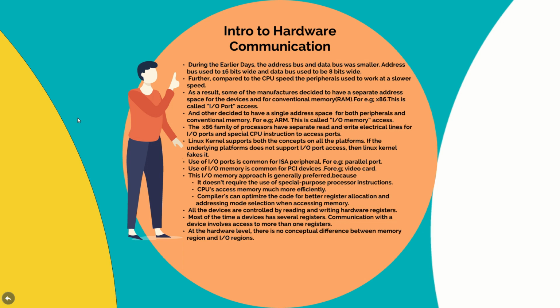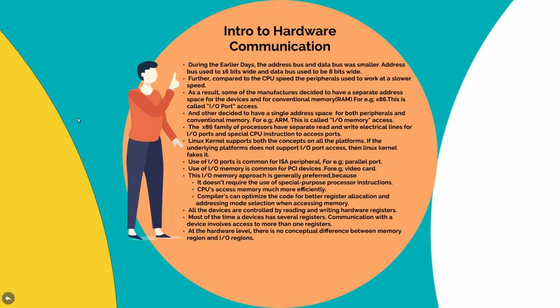The IO memory approach is generally preferred because the CPU accesses memory much more efficiently, and the compilers can optimize the code for better register allocation and addressing mode selection when accessing memory. All the devices are controlled by reading and writing hardware registers.